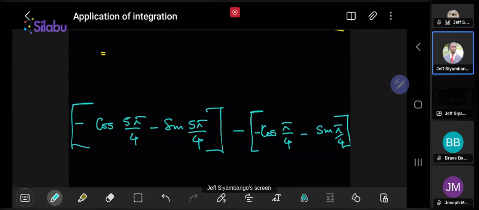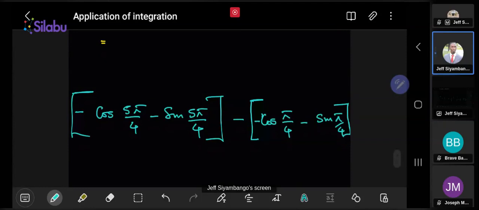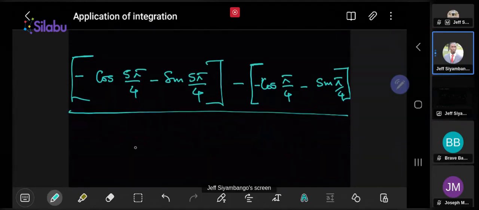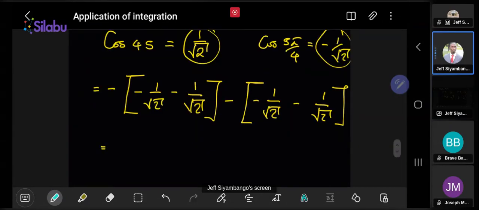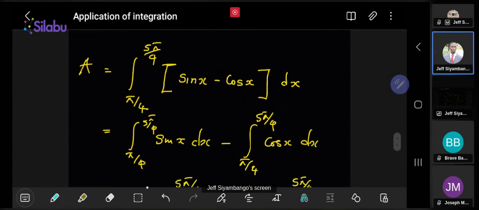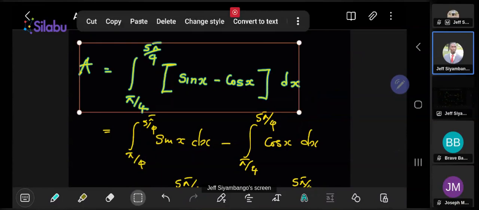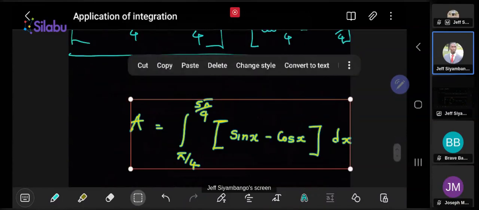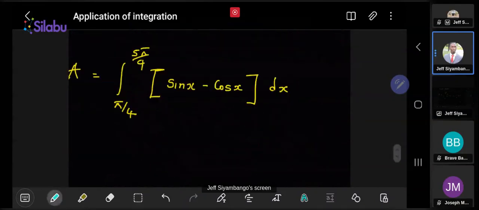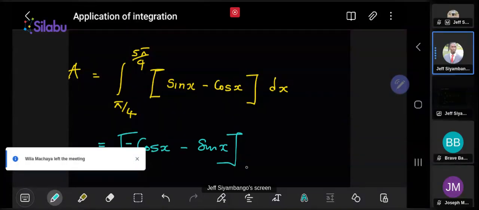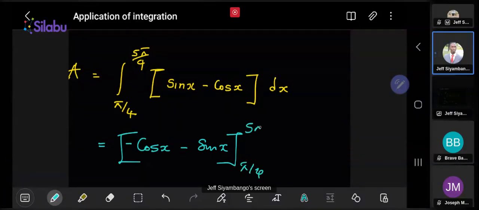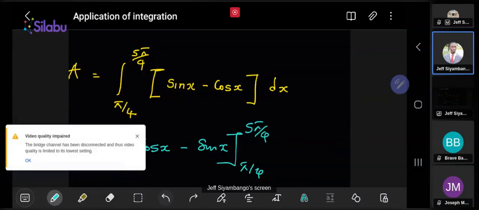Okay. So let me try to see how you ended up here. What you did is you integrated everything and then just kept the limits outside first, right? So you started from somewhere here, but you integrated first so that this was minus cos x, this was minus sine x, and then you had pi over 4 and 5 pi over 4, right?